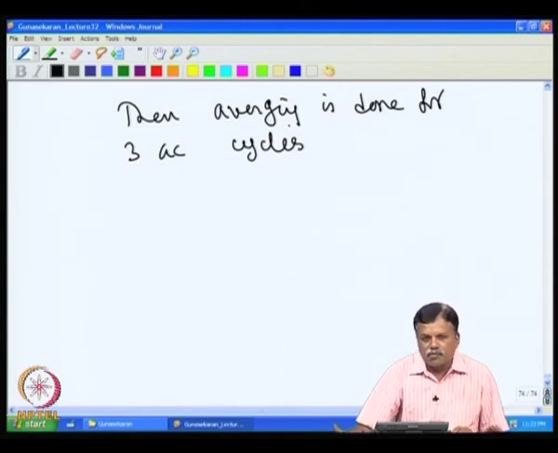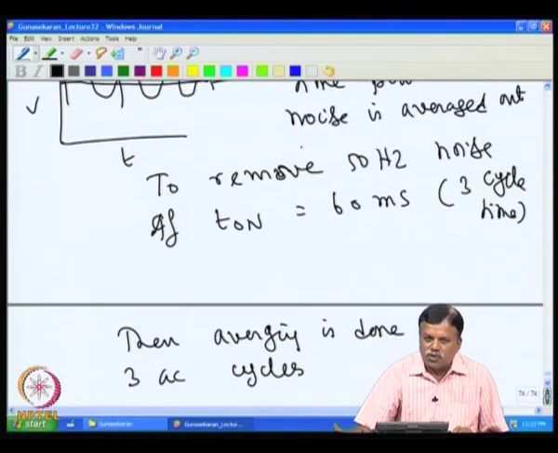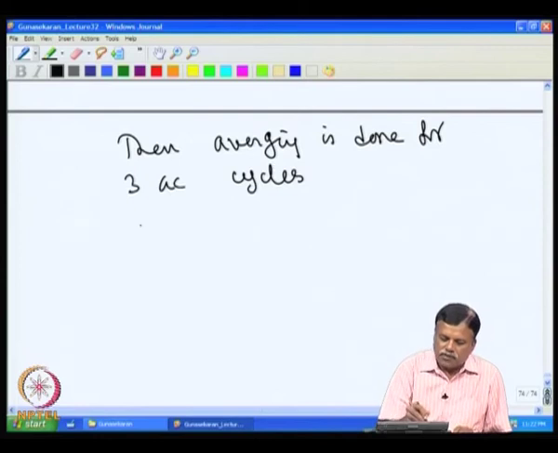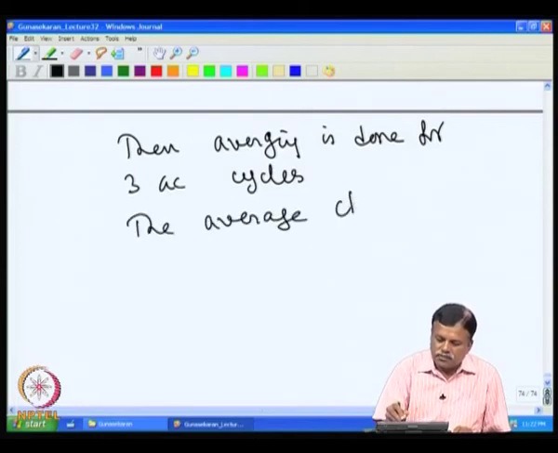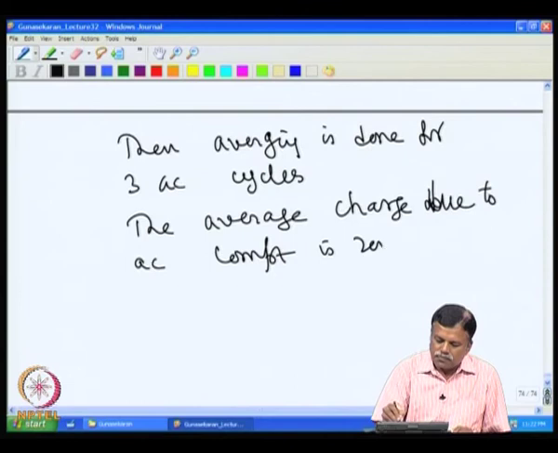This will make the output insensitive to noise, because the average charge due to the AC component is 0.